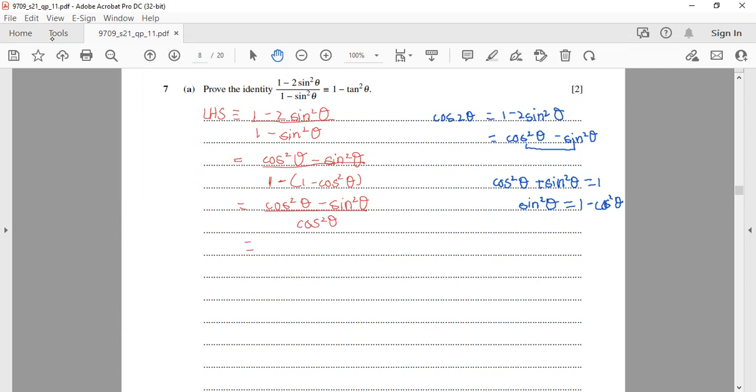So cos squared theta divided by cos squared theta is 1, minus sine squared theta upon cos squared theta. Remember, tan theta is sine theta upon cos theta. So sine squared theta upon cos squared theta yields tan squared theta, which is what is on the right-hand side. So it is equivalent to the right-hand side, hence proved.